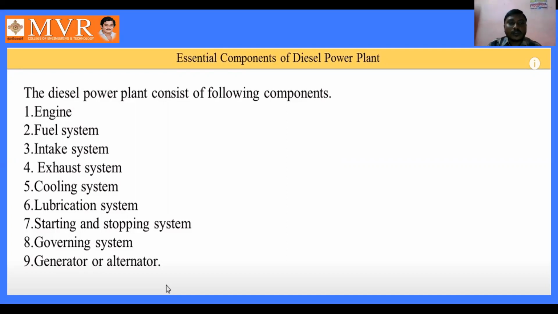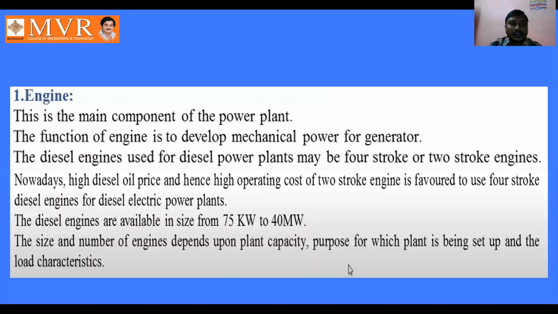Coming to these 9 components, we are going to learn them in a detailed manner one by one. Coming to the engine, this is the main component of the power plant for generating power. After combustion has taken place, the heat generated is converted into mechanical energy.